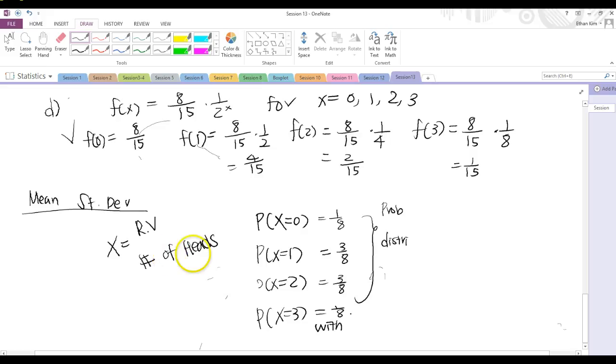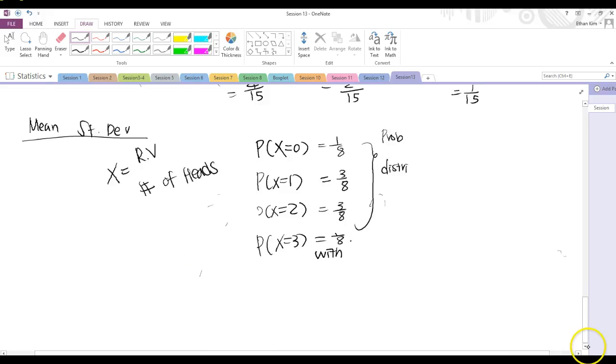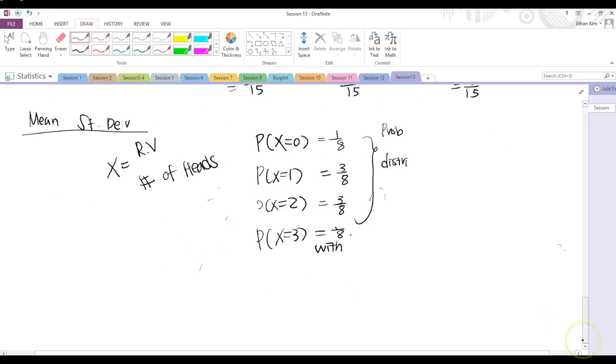So if you were looking at mean and standard deviation, we would have to find x bar, which is the mean. Then we would have to multiply the x and the frequency. So it's going to look something like this. We're going to sum everything up with x times f of x, which is the probability.